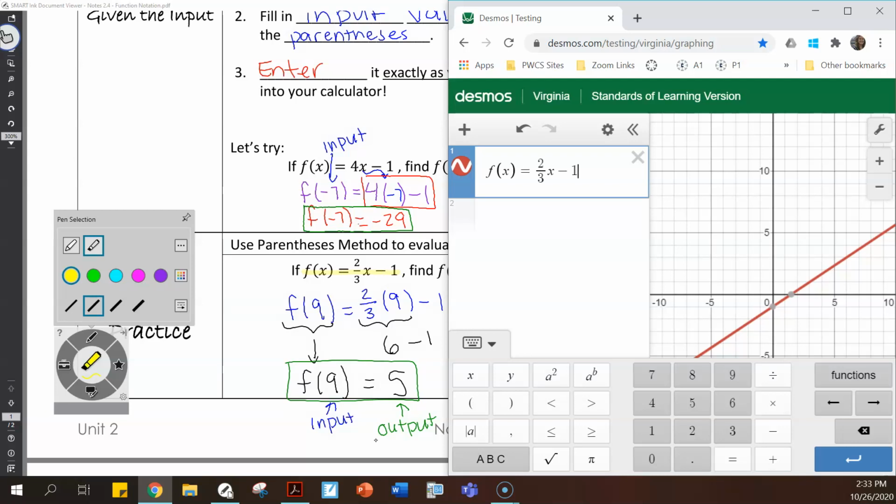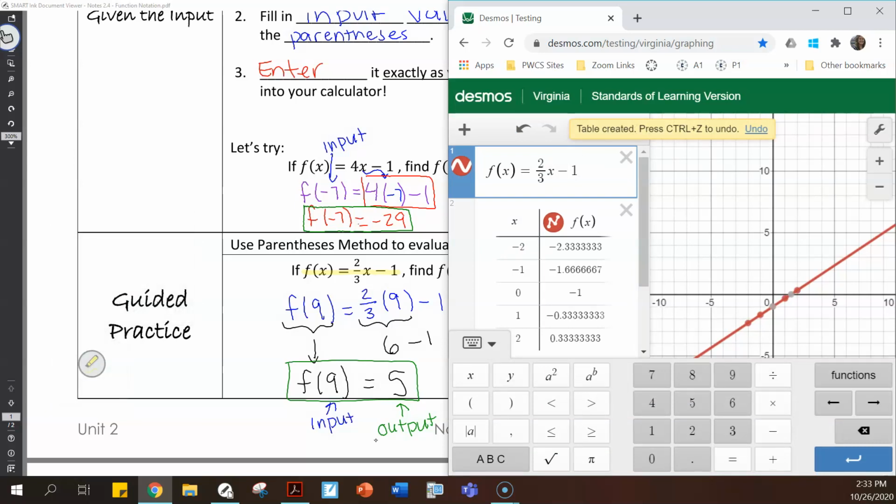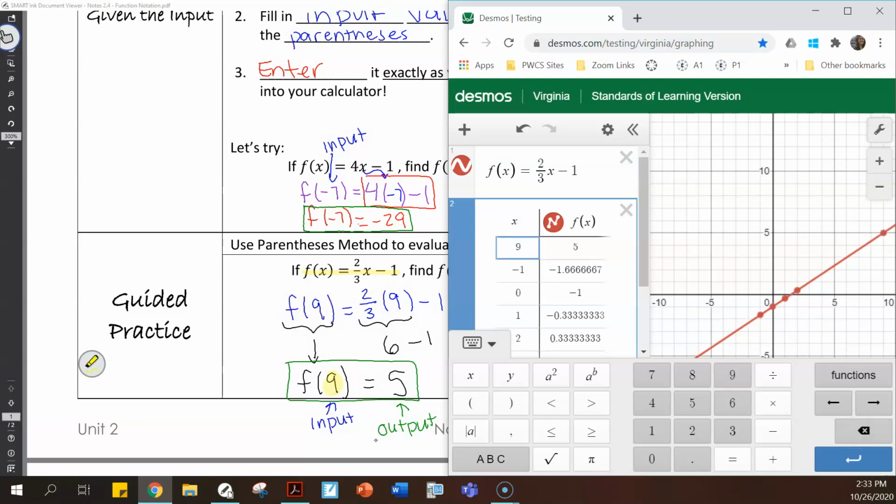Now I press the gear button and then click table to make a table out of this equation. You can see they've already filled in some input values, but I'm interested in where the input value is 9. So I'm just going to go ahead and type 9 into one of these rows, and it's going to give me my output value in the Y place. So 9 was my input, 5 is my output. That's what I got, so we're good there.